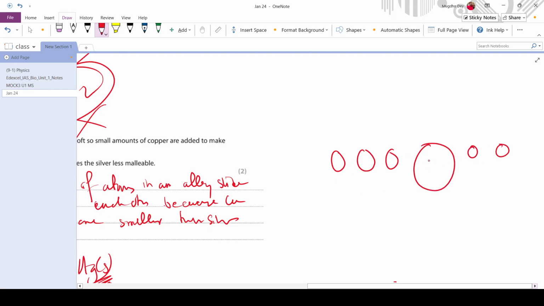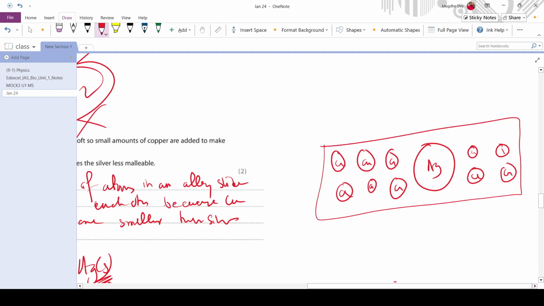So imagine this is silver, and that's copper. So this is an alloy structure. Since one is big and one is small, the sliding becomes very tough. It becomes very tough for the layers to slide over each other. So that is why the malleability decreases. Did you understand what I'm trying to say, Moidin?